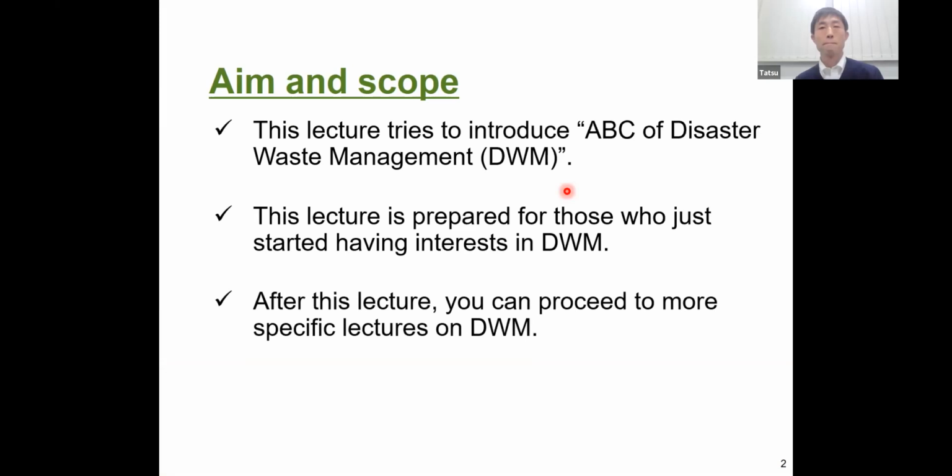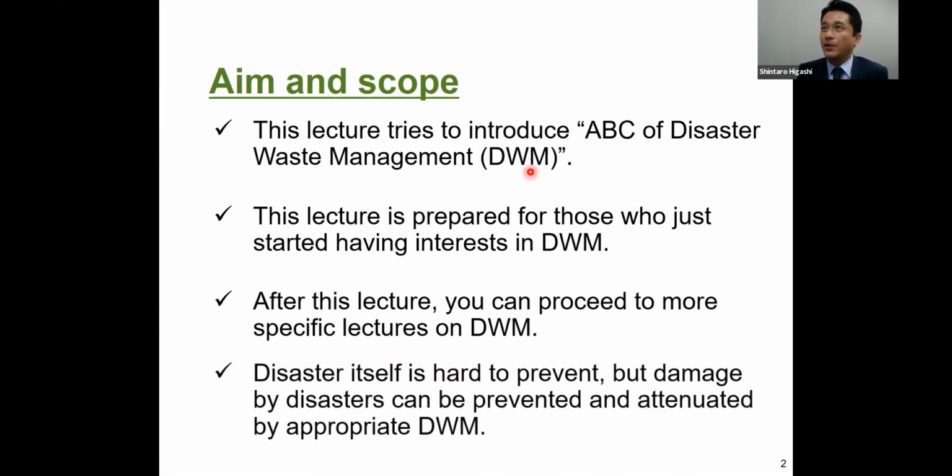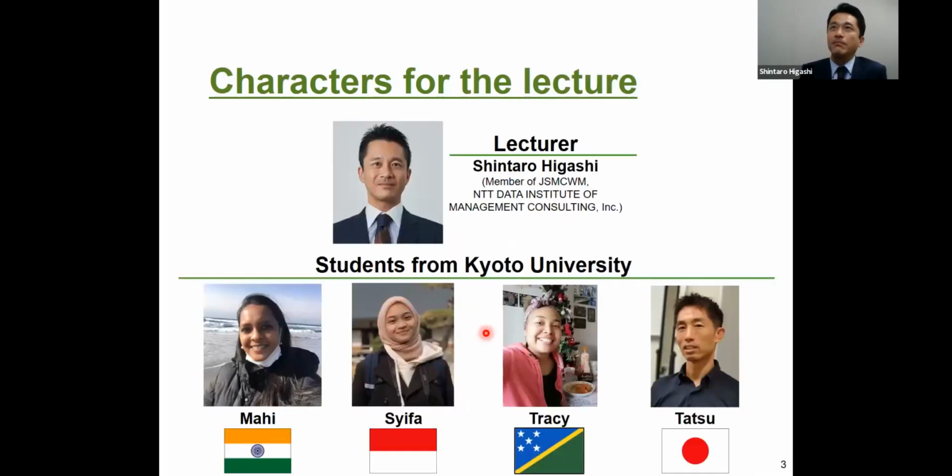This lecture is a kind of introduction, the gateway to disaster waste management. And this is a kind of message for myself: disaster itself is hard to prevent, but damage by disasters can be prevented and attenuated by appropriate disaster waste management.